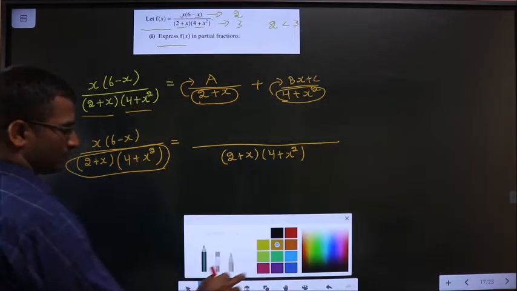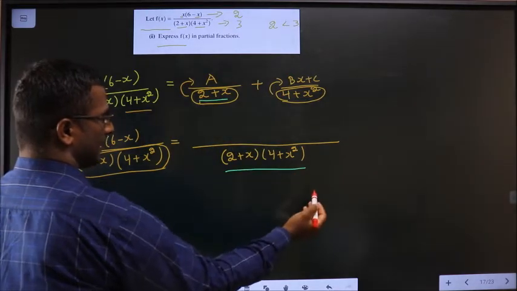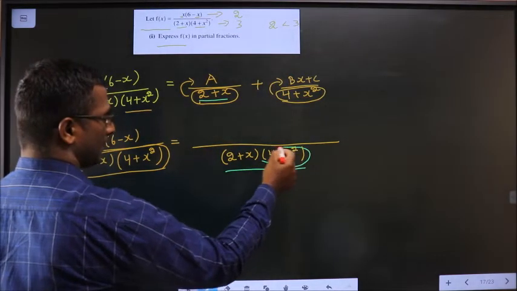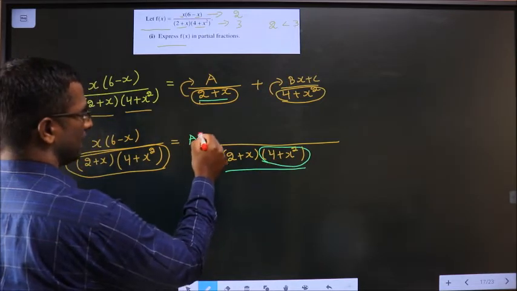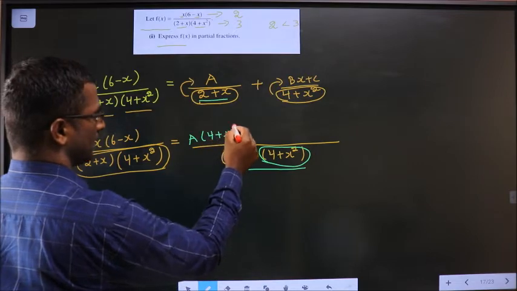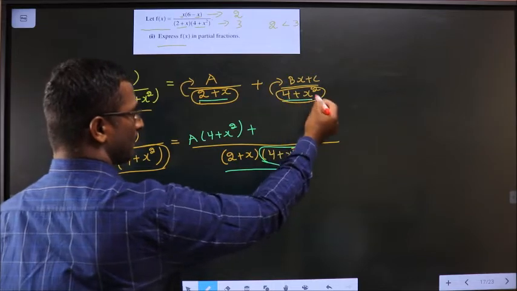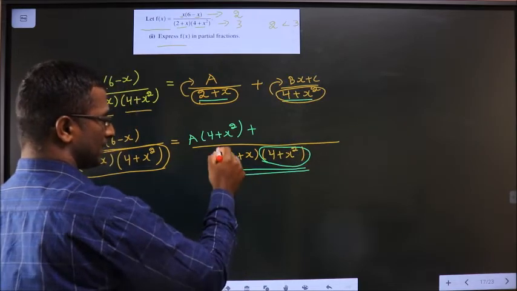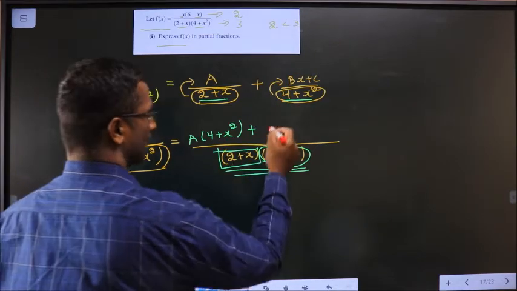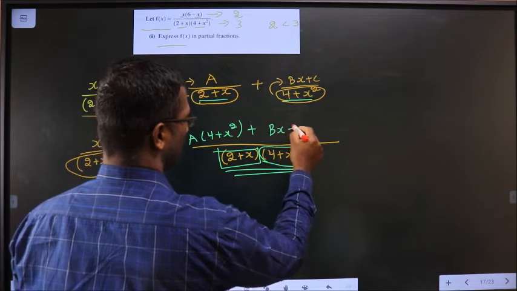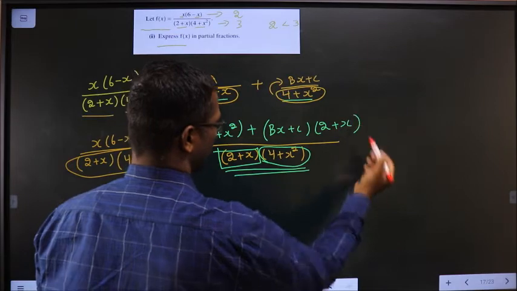Now, here it is 2 plus x, it should become this entire thing. So I should multiply denominator and numerator with 4 plus x square. Thus, it will result in a times 4 plus x square plus. Here it is 4 plus x square, it should become this entire thing, means I should multiply denominator and numerator by 2 plus x. Thus, it will become bx plus c times 2 plus x.